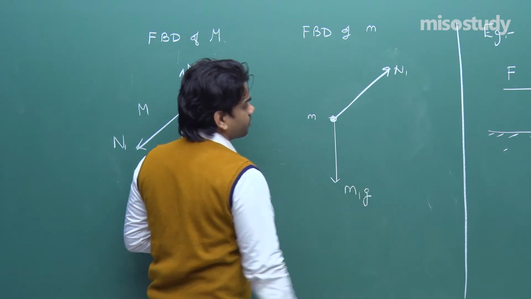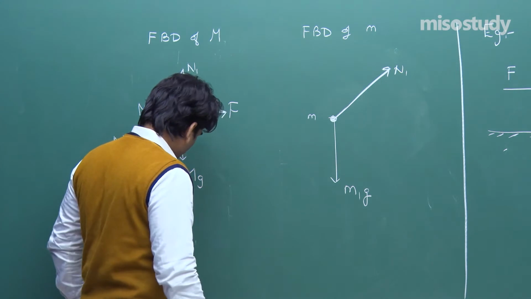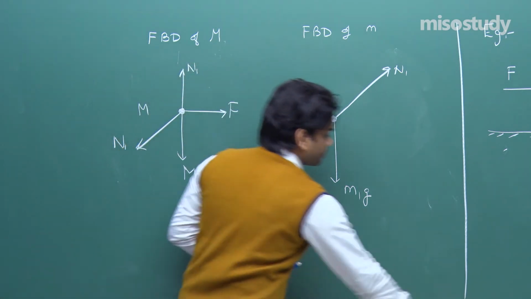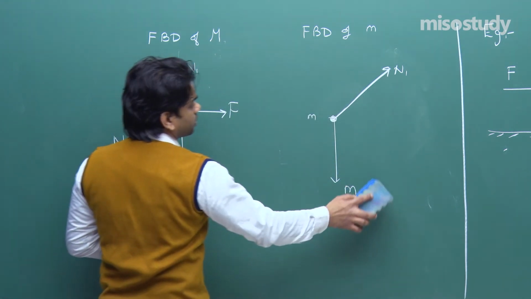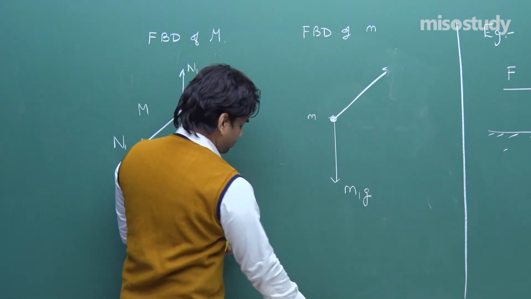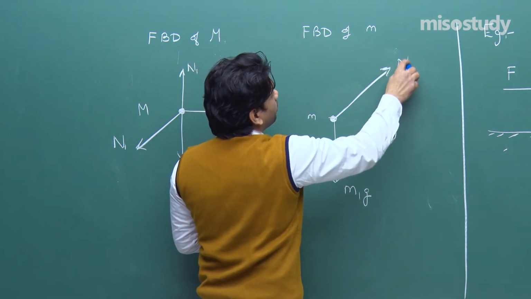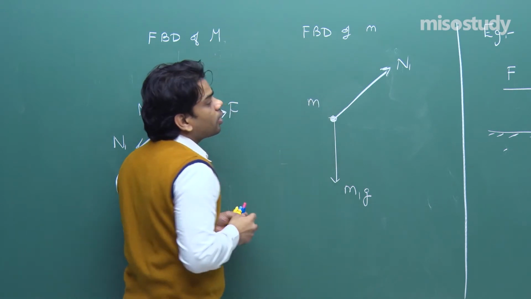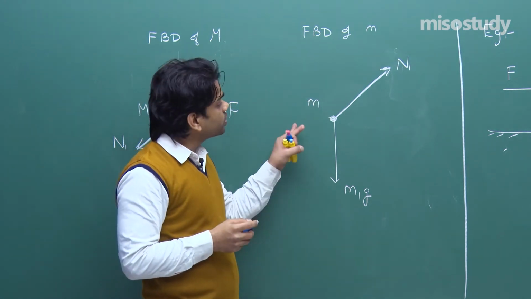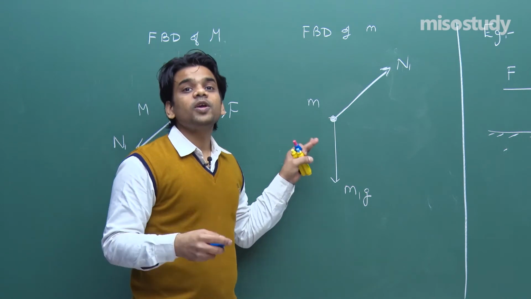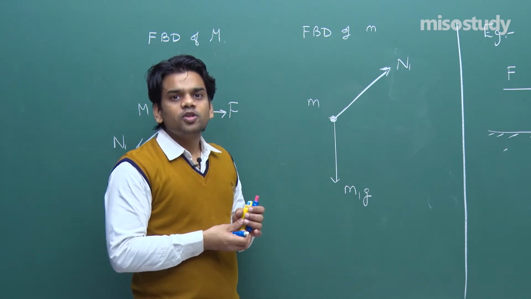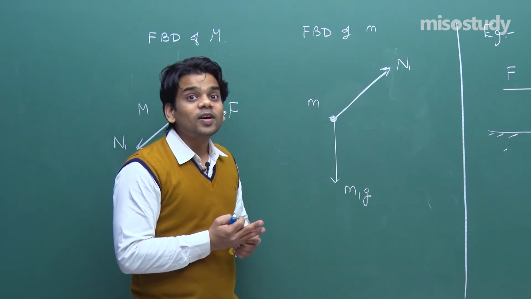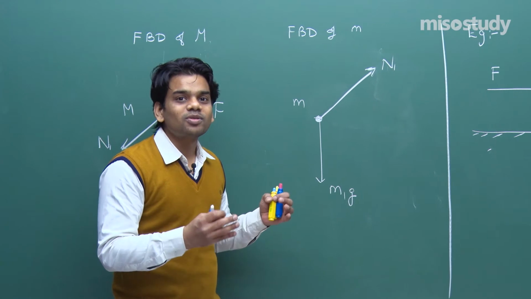mg. Now, how to solve this question and how to apply the pseudo force in this case? If we apply the forces on small m by being on the reference frame of the wedge, we have to apply a pseudo force. So we have to see what the acceleration of the combined reference frame is, that is the reference frame of the wedge.